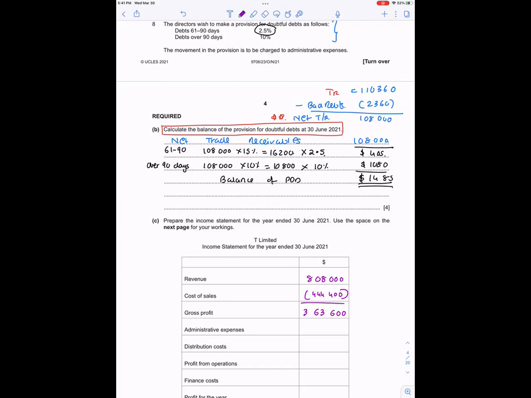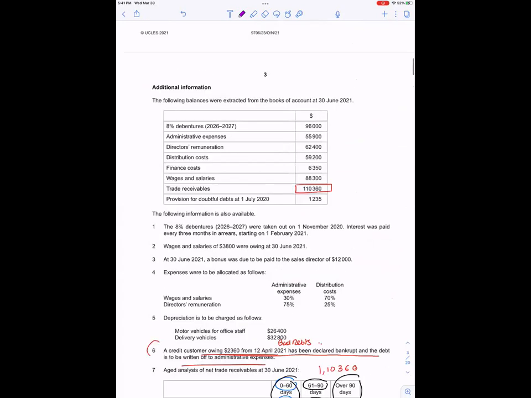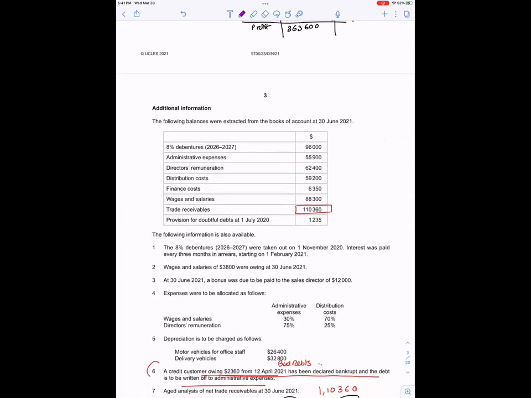Now I just have to go on the other things and see what are the things. I have 8% debentures to 2026, 2027.